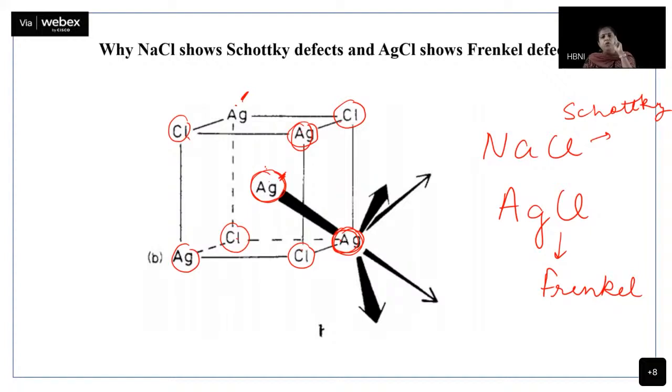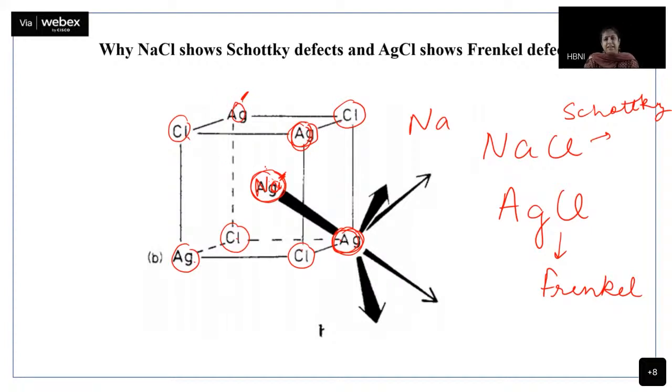But now you imagine कि यहाँ Ag की केस में अगर मेरे पास सोडियम होता था तो क्या होता था? Sodium is highly electropositive. You try to put one sodium here. If it was to create a Frenkel defect, this sodium will undergo very strong repulsion by 4 Na plus lying at this position, and it would not have been stable.